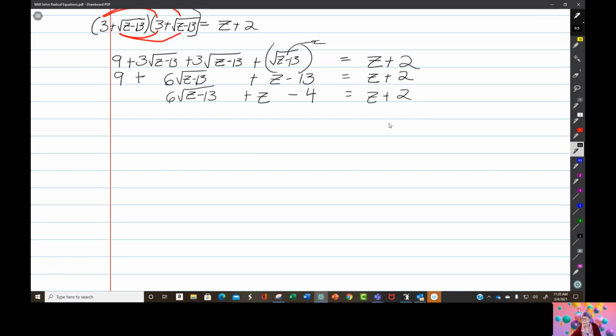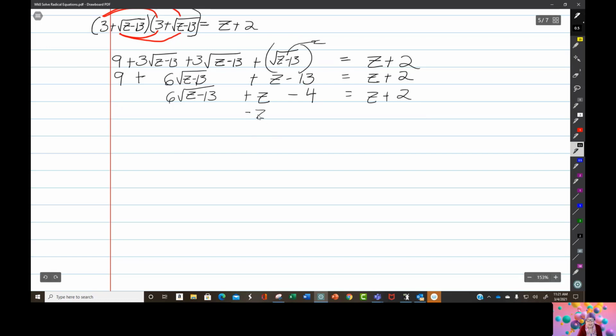Kind of pause, take a breath. Okay. Now I have to isolate the radical again and start all over, sort of.